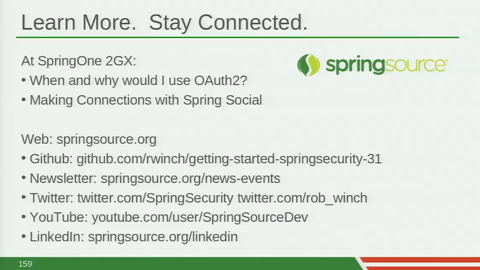Another thing that's important to realize is that the intercept URLs using these ANT patterns are the default mechanism for Spring Security. It's actually backed by an interface called RequestMatcher that allows you to pass in an HTTP servlet request object and it returns true or false. So you can implement that interface any way you see fit if it's not meeting your needs.